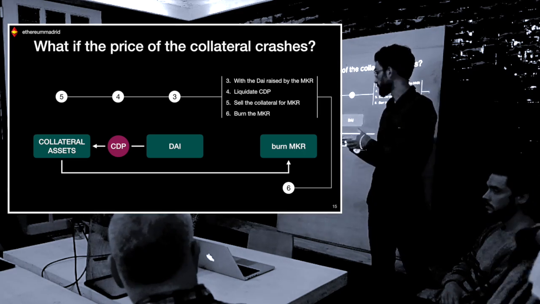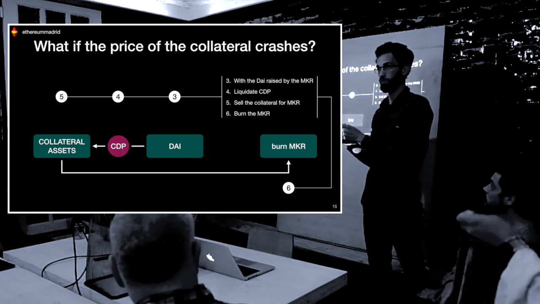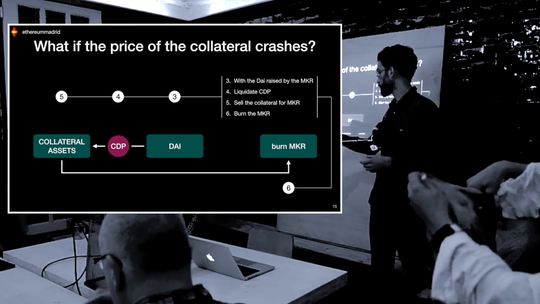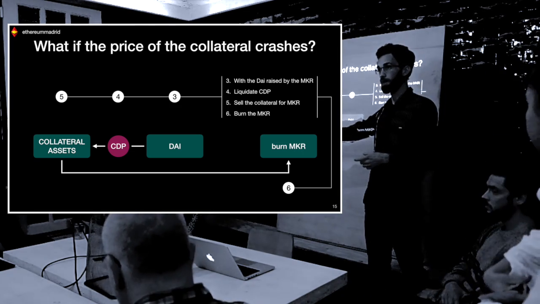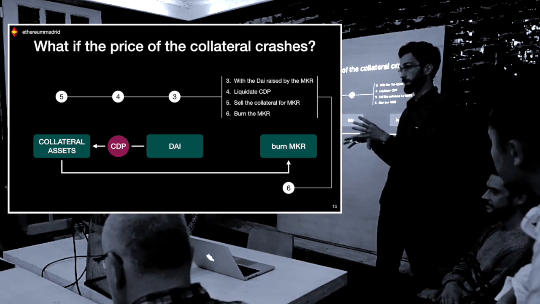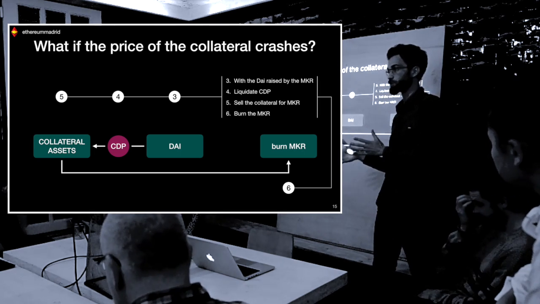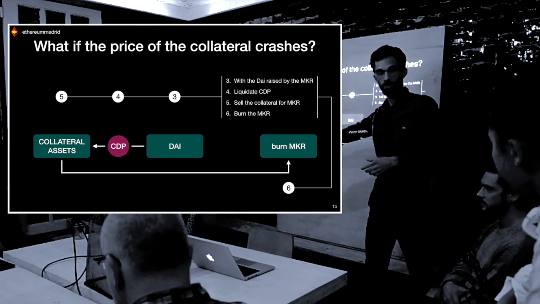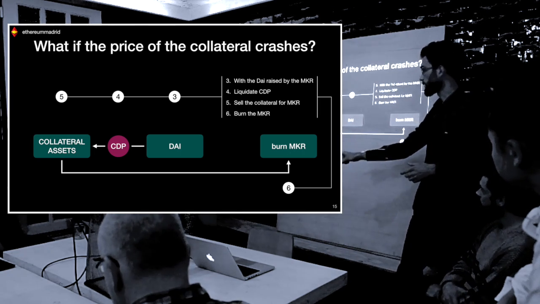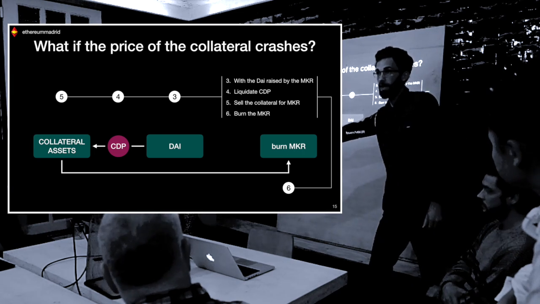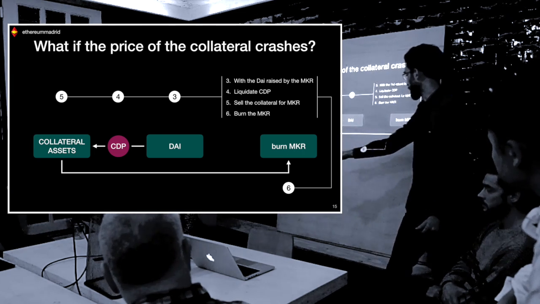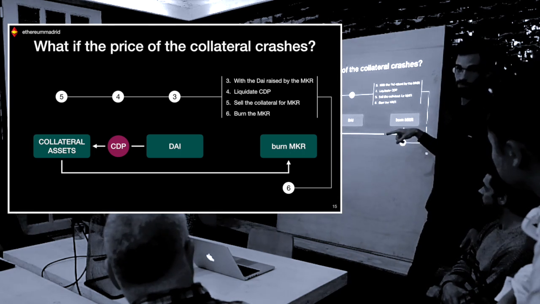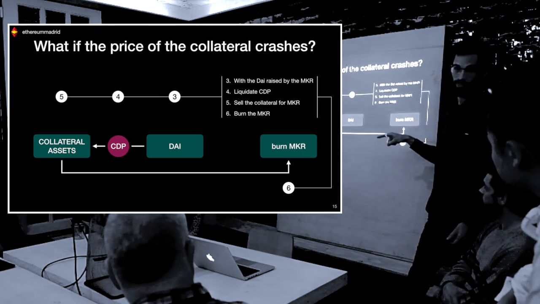We close the CDPs that were open, so the smart contract. By paying the smart contract back, you are allowed to get the collateral back as well. So we've partly resolved the problem, which was taking DAI back from circulation. And then we use that collateral to compensate if we can. So if Ether still has a bit of value, for instance, we can use that to buy MKR back from the market and burn it again.